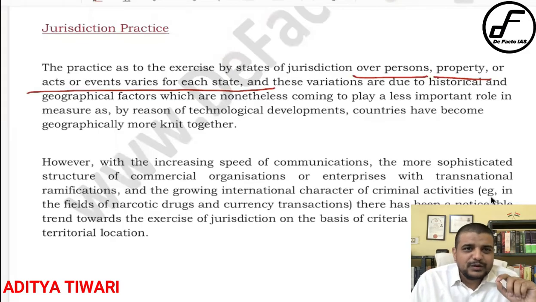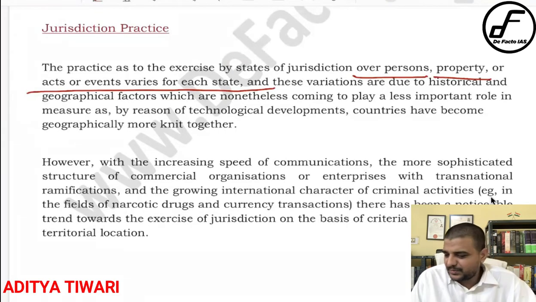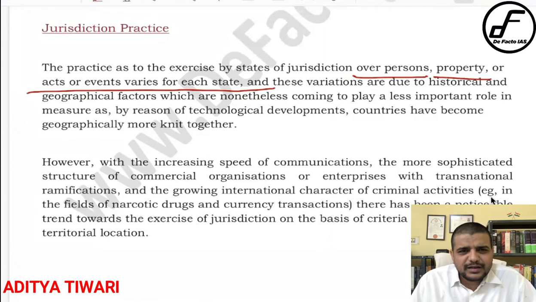So, clear? Now, the problem was not there when Britain used to rule almost every country, so this jurisdiction problem was not a problem. However, there are multiple Privy Council judgments that have cited that there is no jurisdiction: property situated in India cannot be tried in England, or the English court cannot pass a suit with respect to that particular property. There has been a problem in that respect, but mostly, historically Britain is everywhere, so obviously that was not the case.